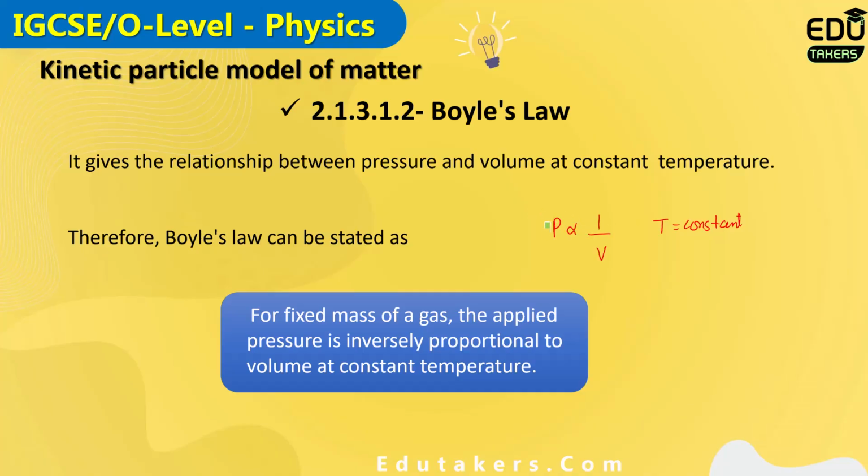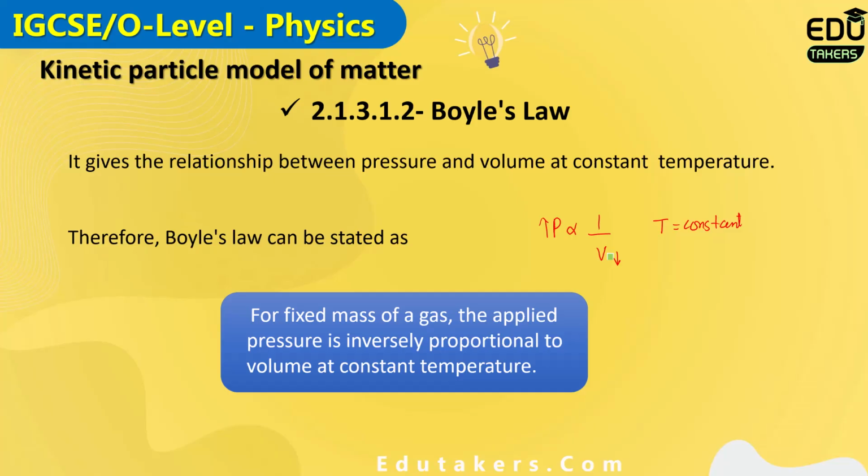It means that when you increase the pressure, the volume decreases, and by increasing the volume, the pressure decreases. Both of these vary inversely to each other. By increasing one quantity, the second quantity decreases, and by decreasing the first quantity, the second has to increase. But the condition is that the temperature has to remain constant.